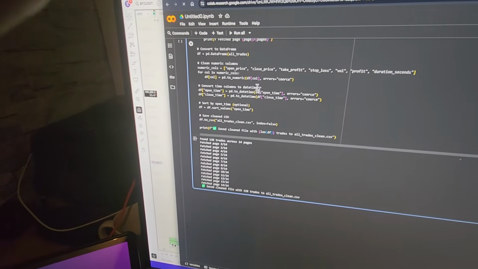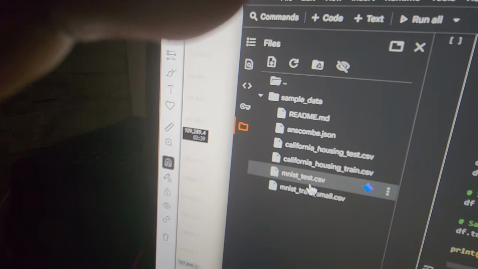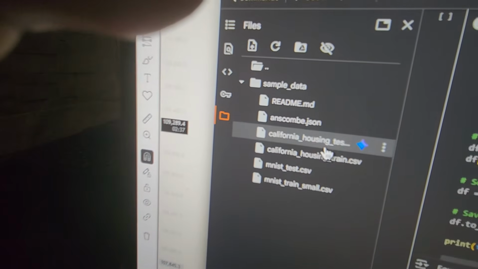So I did that, and I made some adjustments to the code. This is the code that I used to make a pull request that in turn gave me a file where it would give me the data from these graphs.